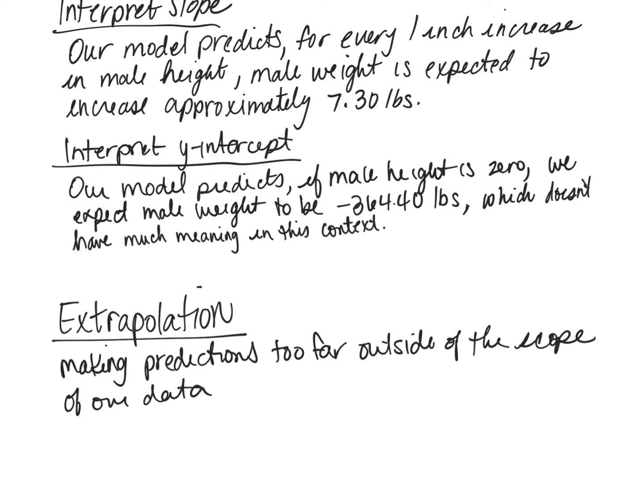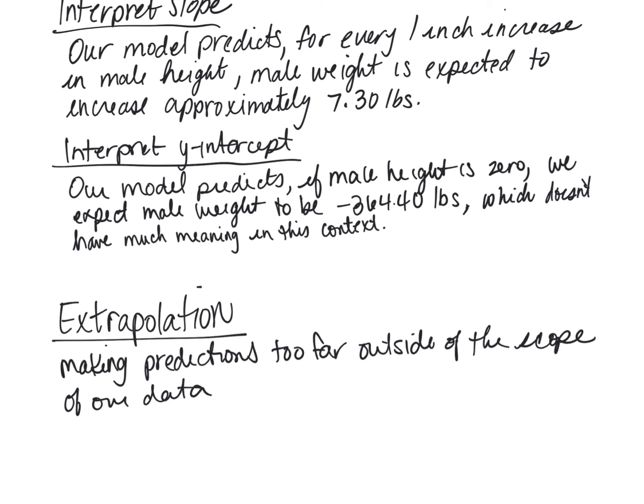We can maybe predict, if we have the data up until 2021, you could possibly predict what might happen next year and the next year. But the more we go farther outside of our data, the more we're trying to predict the future. We want to be really careful about that. And not just predicting the future. If we look at our height and weight data, we have from about 60 inches to 75 inches, I think.